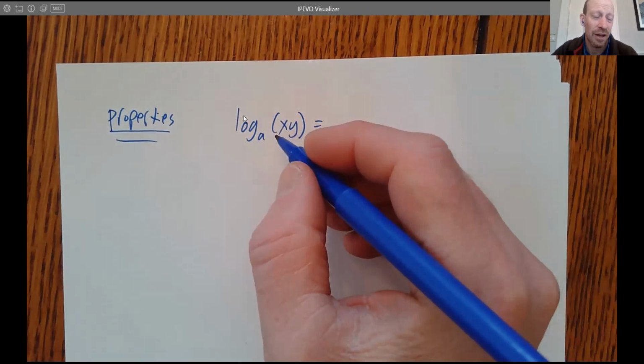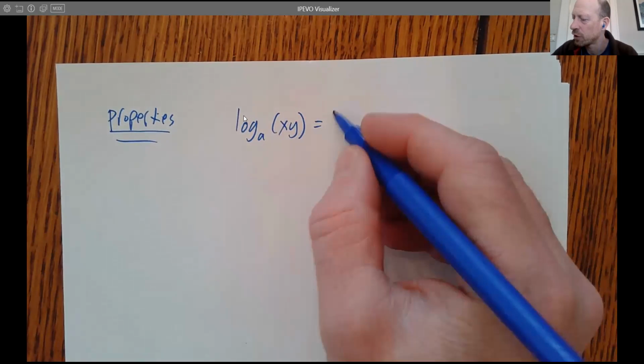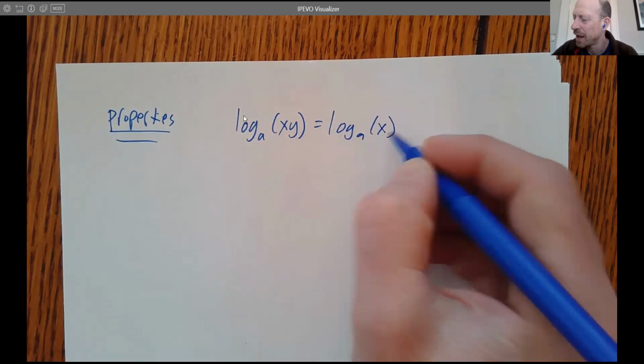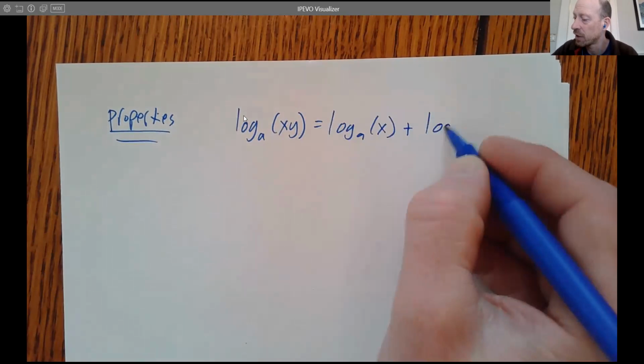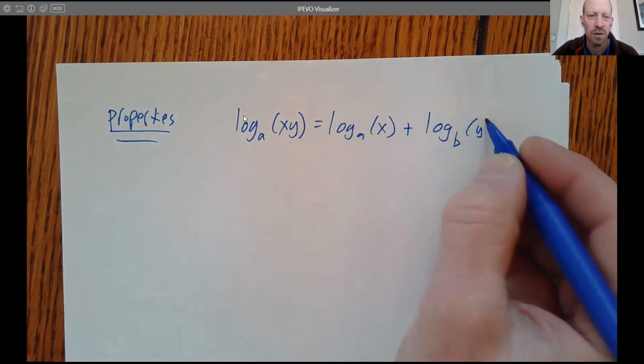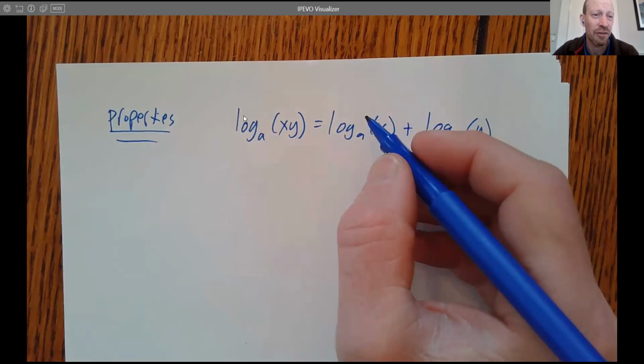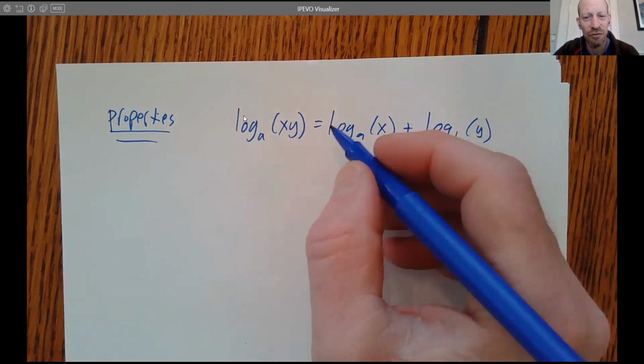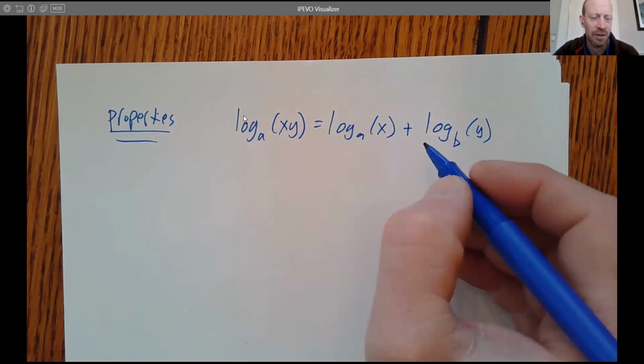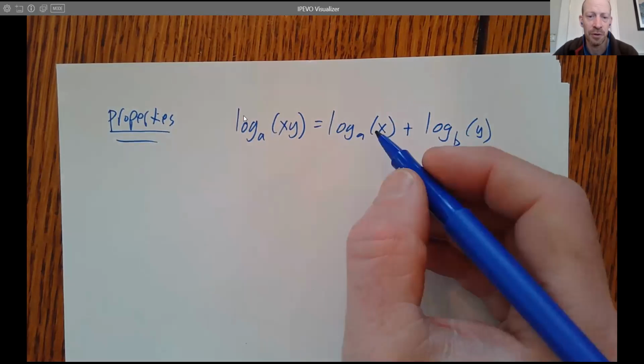And so it turns out that since the logarithm is really an exponent, if you look at these two pieces separately, you're going to add the logarithms together. We do see that with exponents, but not a lot of other things where multiplication turns into addition. But that's because logarithms are really exponents.